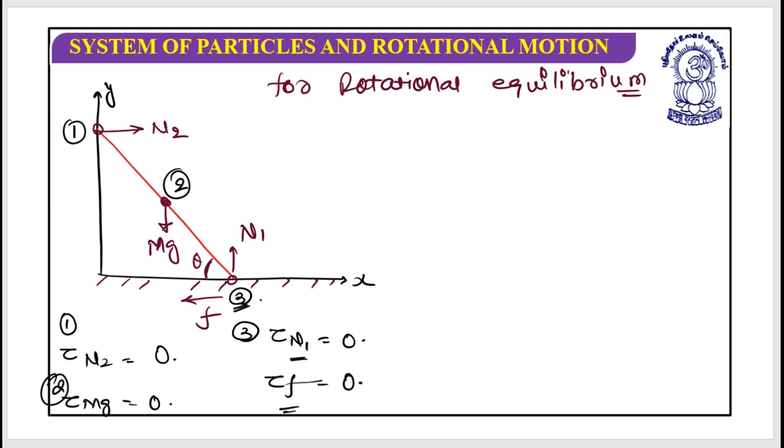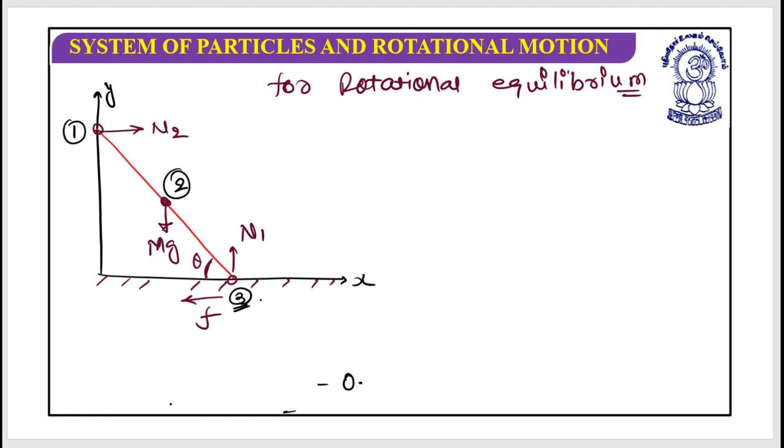So let's choose this and cancel these ideas. What I am supposed to do is write the torque at location 3. So torque at 3 would be equal to 0.